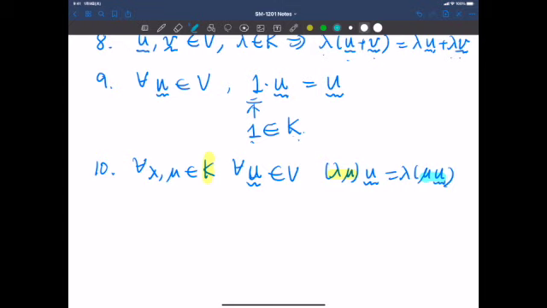And this multiplication between lambda and mu u is again a multiplication between the scalar lambda and a vector mu u. This mu u is an element of the vector space, right? So this multiplication is the multiplication between a scalar and the vector.